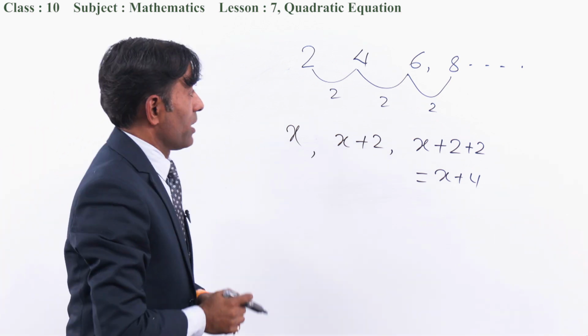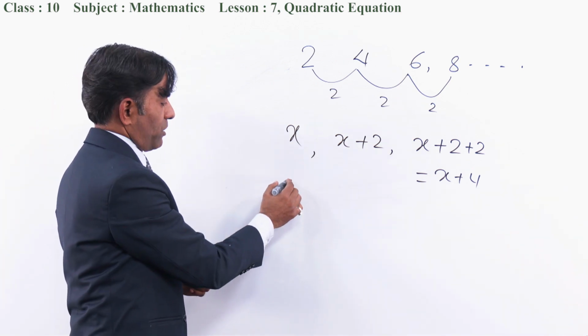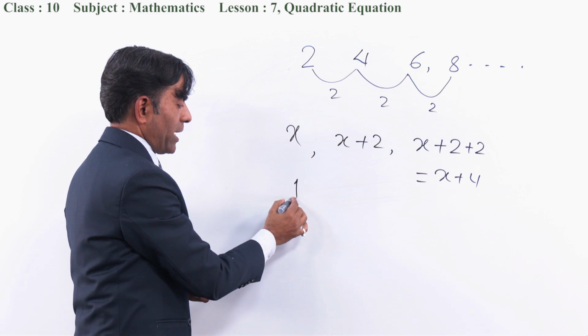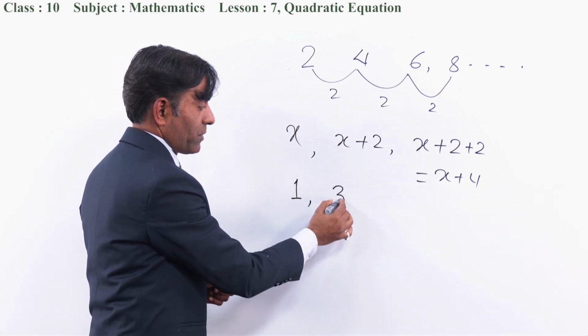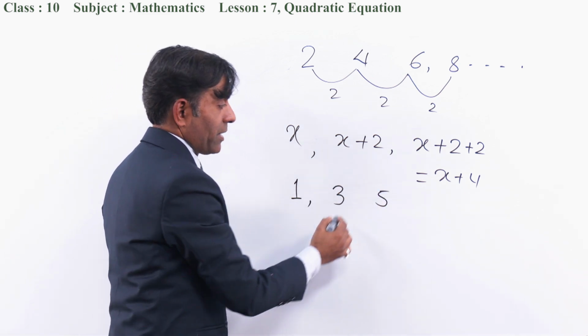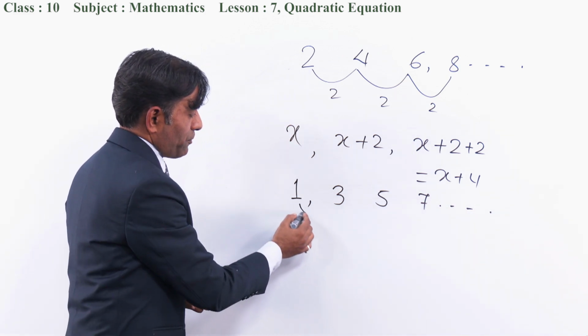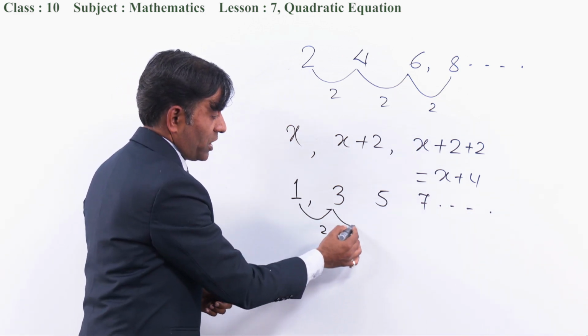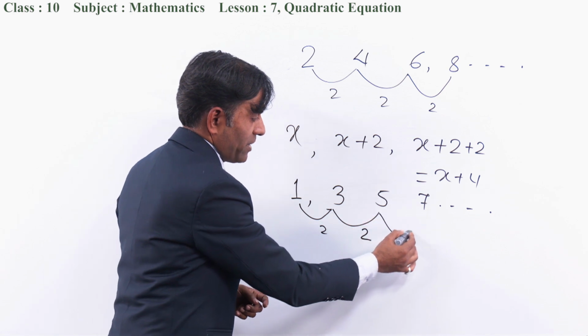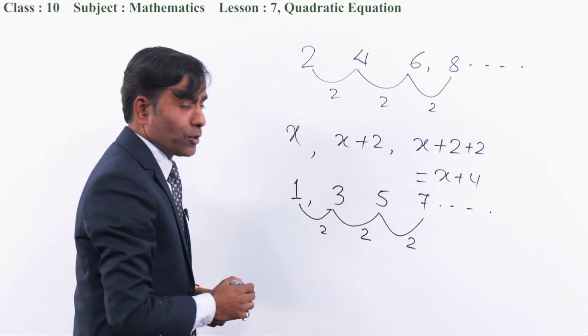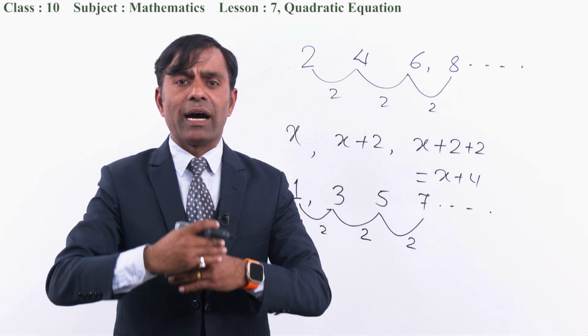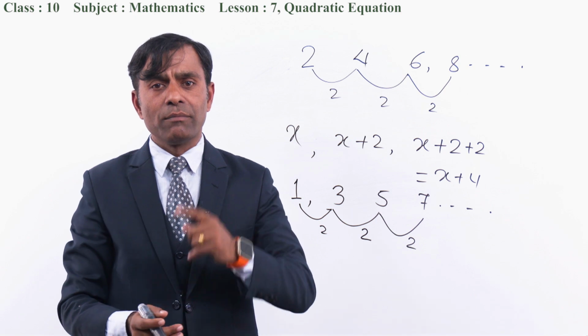Similarly, with odd numbers, the first odd number is 1, after 1 there is 3, after 3 is 5, after 5 is 7 and so on. Look at the difference between them: 3 and 5 differ by 2, 5 and 7 differ by 2. So each consecutive odd number increases by 2.